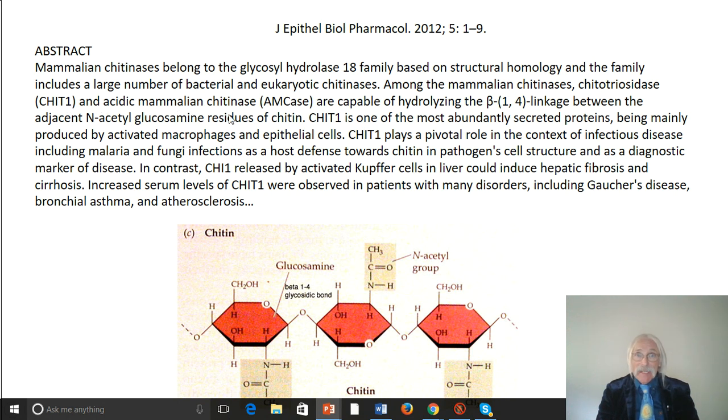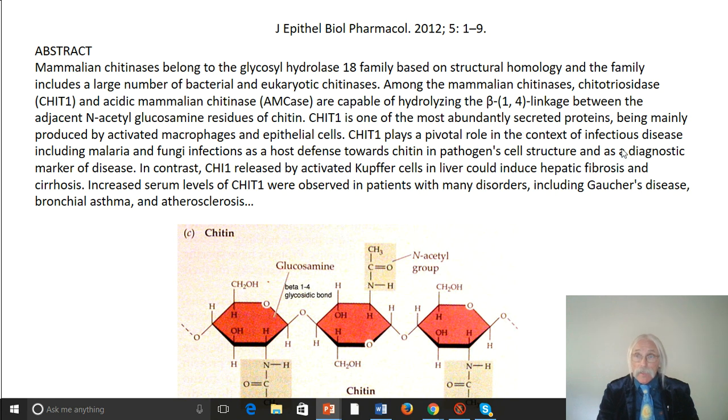And you have an acidic mammalian chitinase called AMCase. Both of these can be elevated in Gaucher's disease and other lipidoses. They're capable of hydrolyzing that beta-1,4 bond. And when they do, they're going to cause, again, that buildup of fibrosis. But they're not doing that because they're breaking down this bond. They're doing that because they're turning on the TGF-beta.